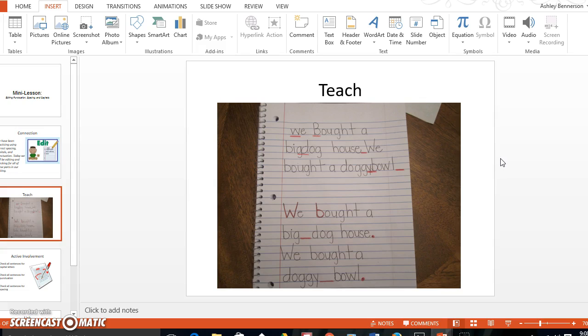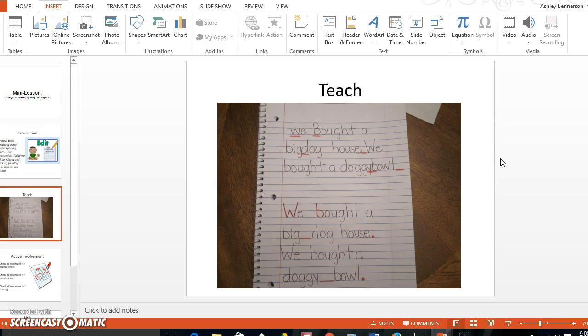If you look down at the words big and dog, there is no spacing. So it makes it look as if big dog is a compound word, but it is not. So there should be a space between the word big and dog.